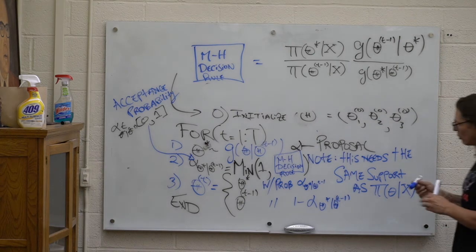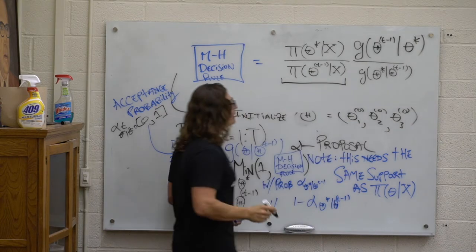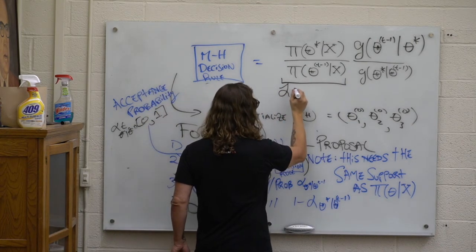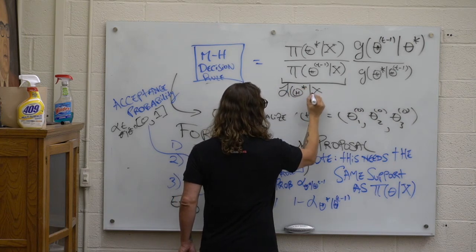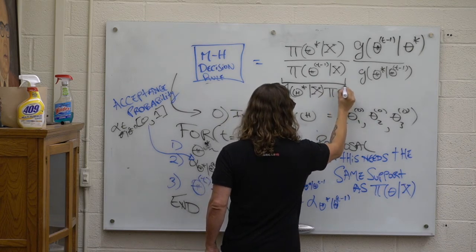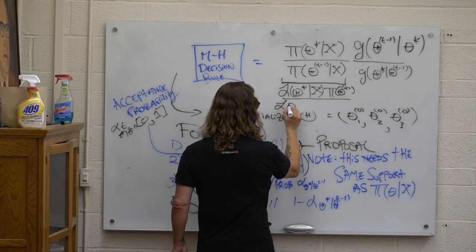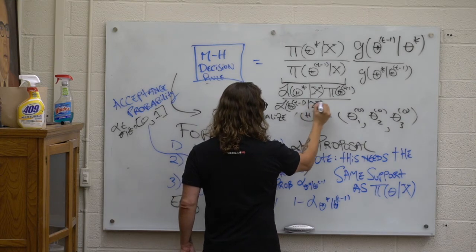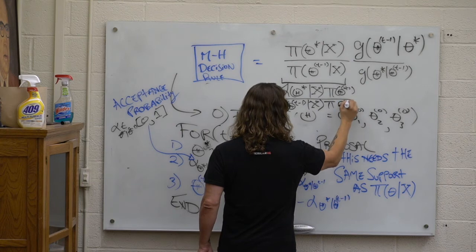I want to point out that this part right here, in a Bayesian context, I don't need to write out the normalizing constants. This is equivalent to the likelihood of theta star given x times pi theta star, divided by the likelihood function in our previous time step times the prior evaluated at the previous time step.